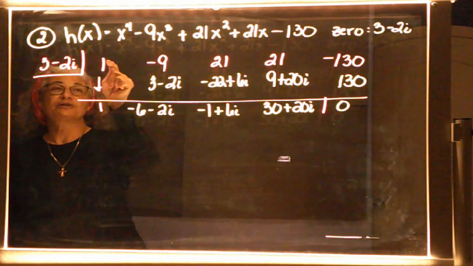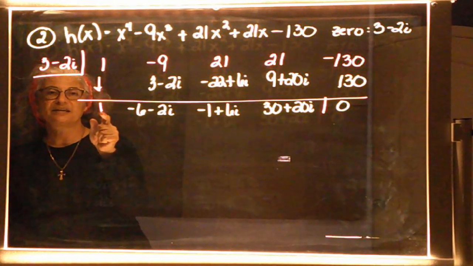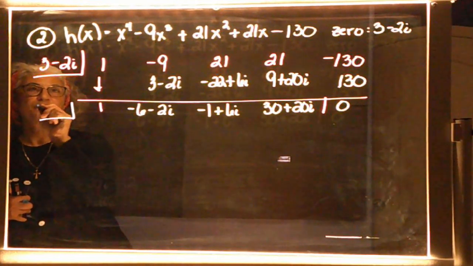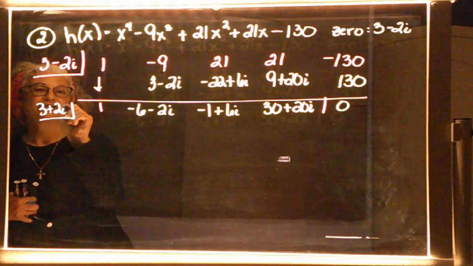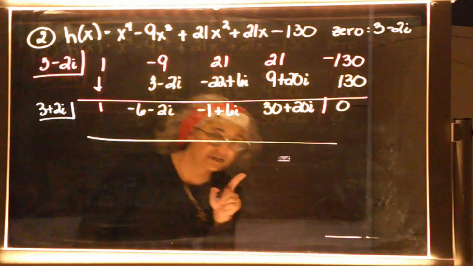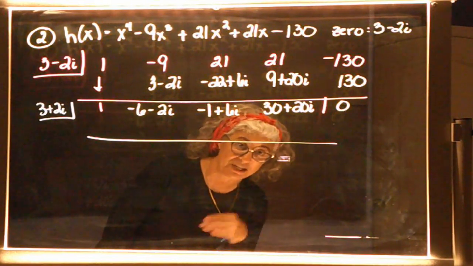If this was a 4th, and you divided it by a single, this is a 3rd. So I'm going to take this 3rd degree polynomial and divide it by 3 plus 2i. And you're like, oh my gosh, remember what happened on the last problem? That second go around was quick because the i's all dropped out, right?